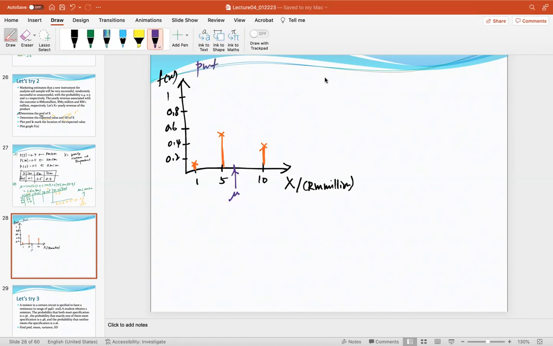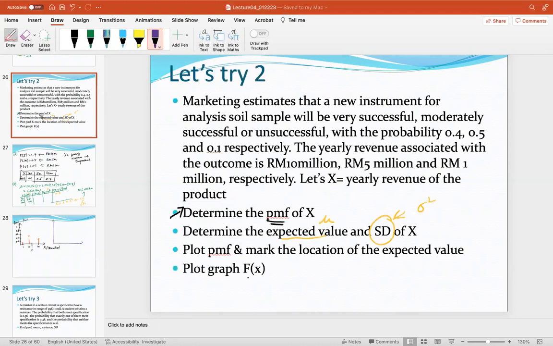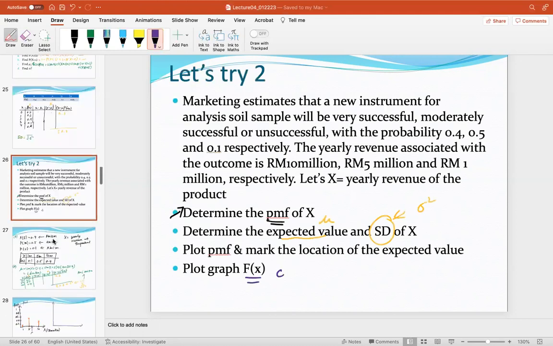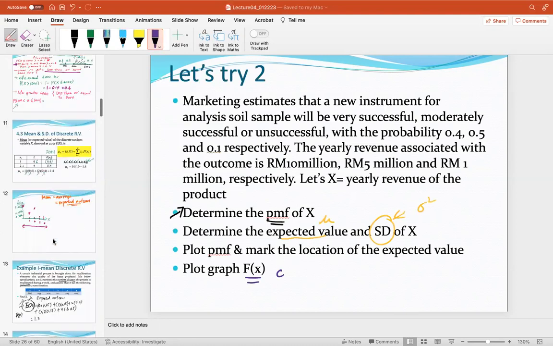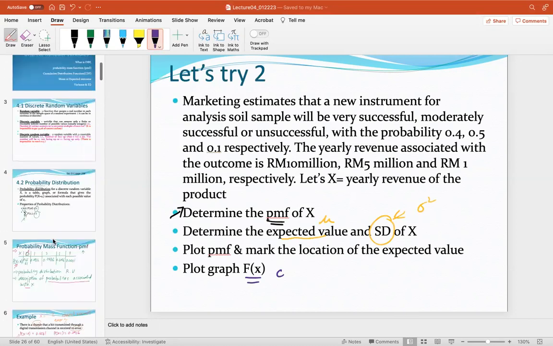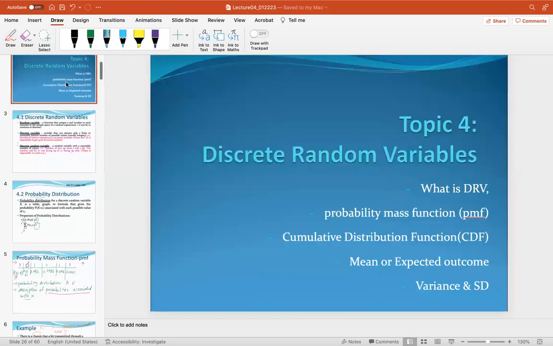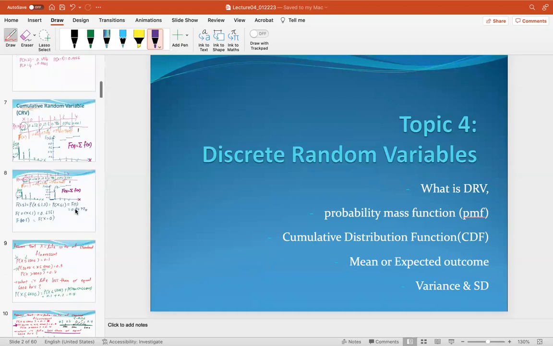So what about the graph for D? Plot the graph of the big F. The big F is cumulative. Then we have to look back to the cumulative distribution function, CDF.